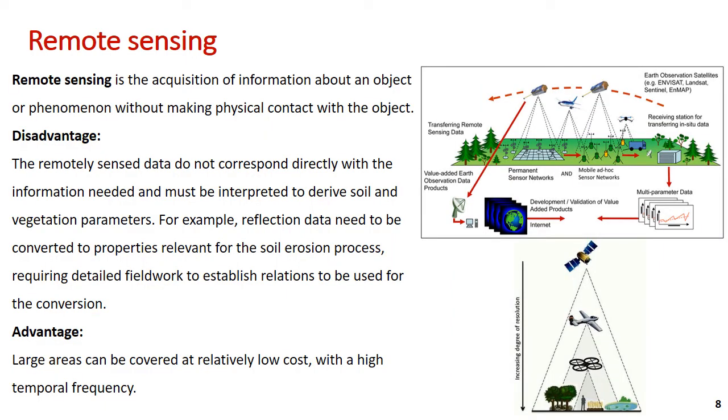Now let's move to the other technique. The other technique is remote sensing. Basically, the difference between field monitoring and remote sensing is very clear. Remote sensing is to collect information without being in the field or having physical contact with the indicator.